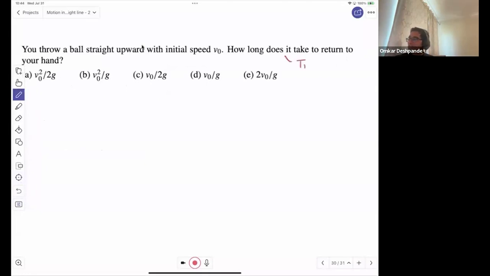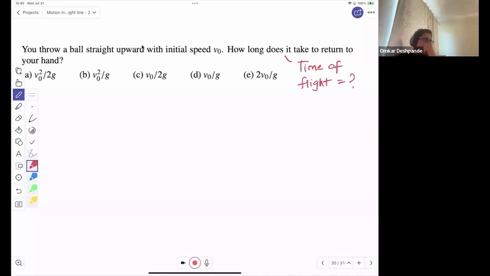This is called the time of flight. So how would we solve this? What is the time of flight?